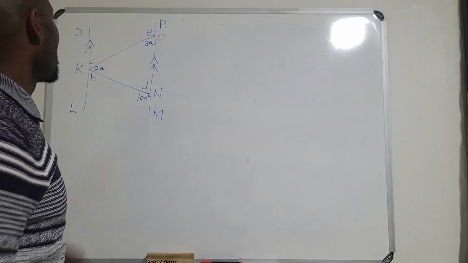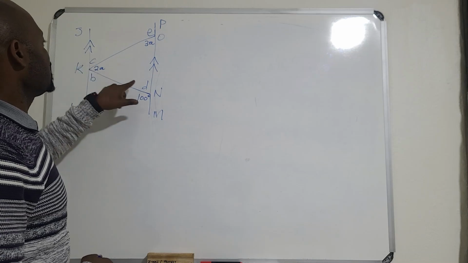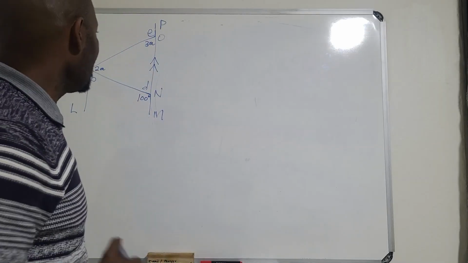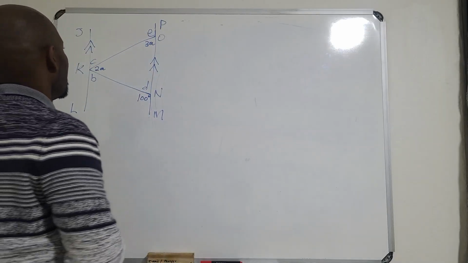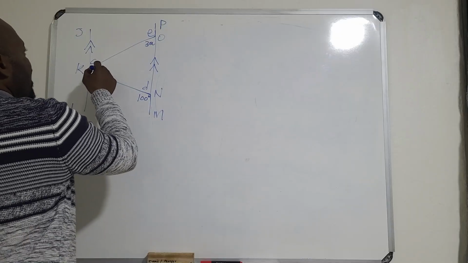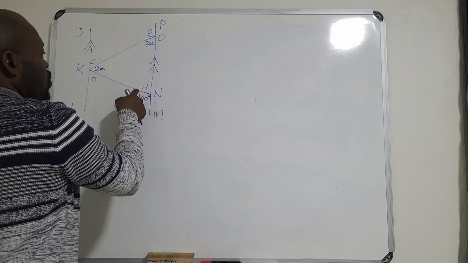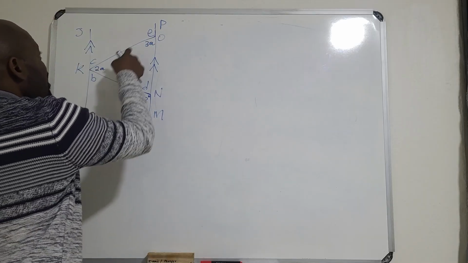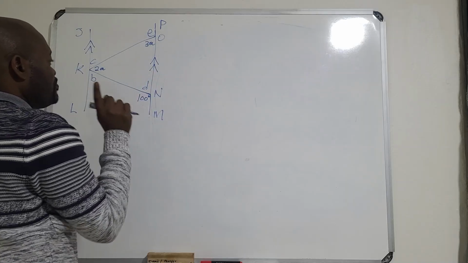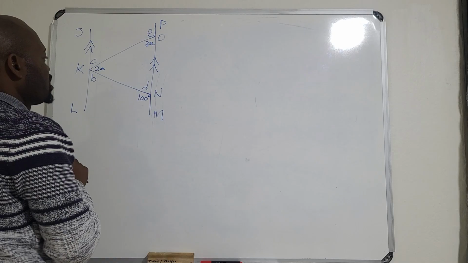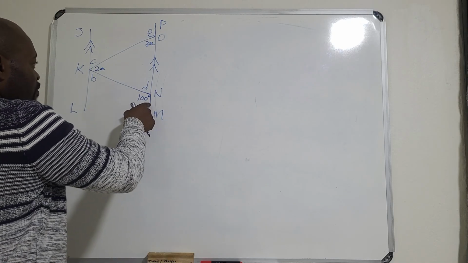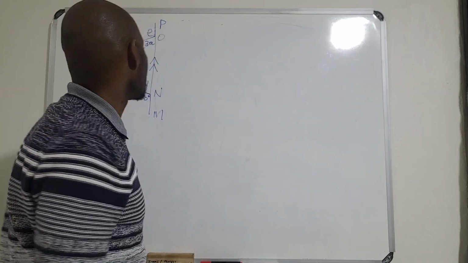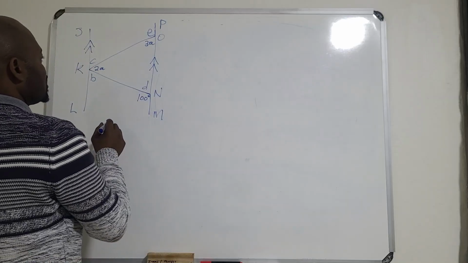We are told to find A, B, C, D, E. And for us to find A, B, C, D, E, we can go about like that. Now, this angle plus this angle are equal to that angle. Let's start again. This angle is equal to this angle plus that angle, because the property of the interior angles of a triangle is that the exterior angle of a triangle is equal to the sum of opposite interior angles. Now, we start.